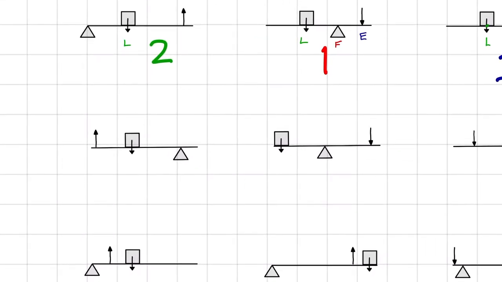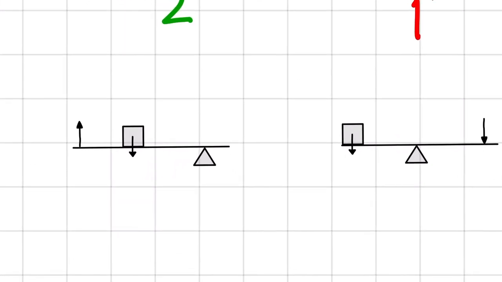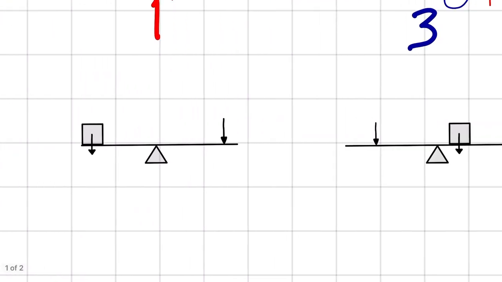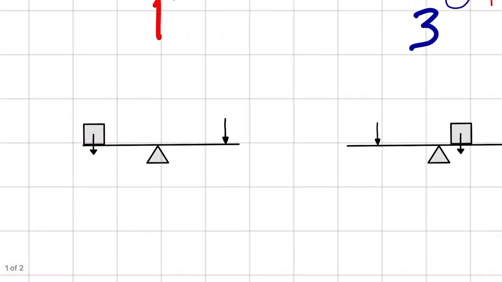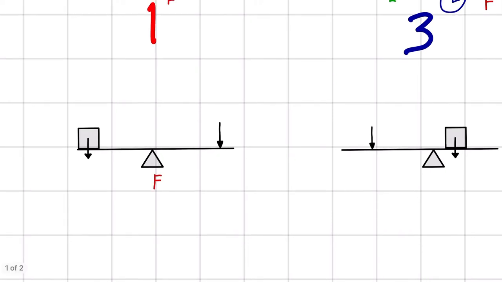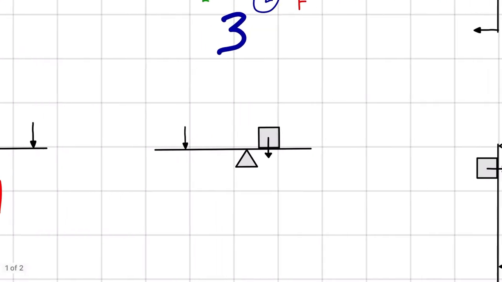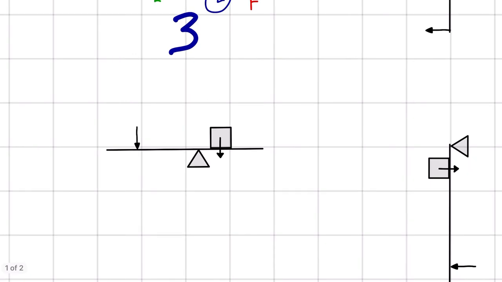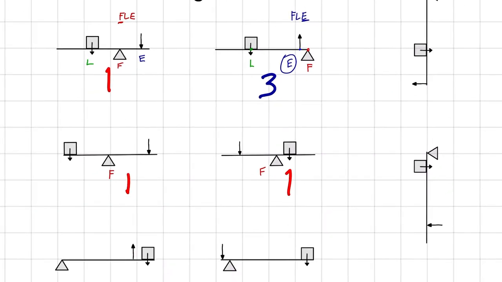So looking at our next one, it's going to be the load in the middle, telling us it's going to be a second class lever. This one we have the fulcrum in the center, so it is a first class lever. Again, we have the fulcrum in the center, again, first class lever.